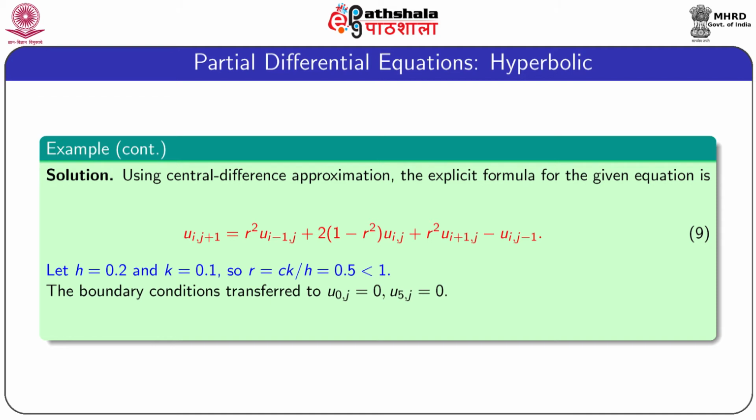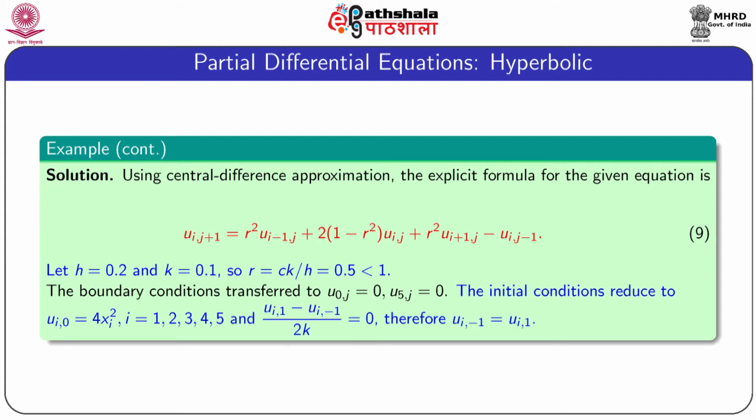The boundary conditions are u_{0,j} equal to 0 and u_{5,j} equal to 0 for all j, and the first initial condition reduces to u_{i,0} equal to 4 x_i square for i equal to 1, 2, 3, 4, 5, where 5 is the number of sub-intervals along the x direction.